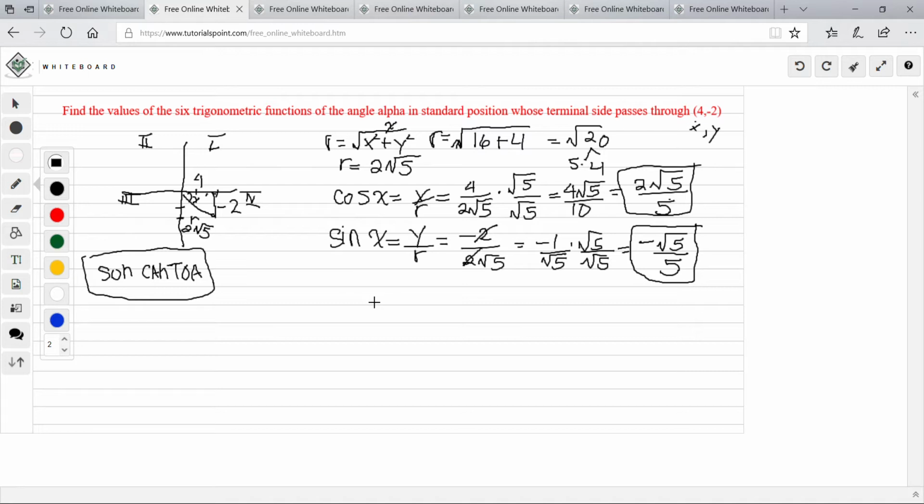Let's find our tangent. Tangent alpha is basically y over x. Our y is -2 and our x is 4. That simplifies into -1 over 2.